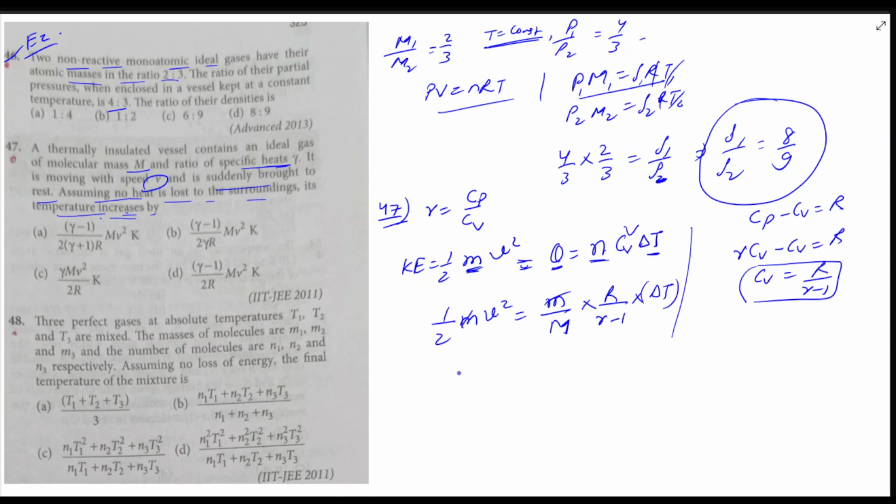So simply we get delta T equals M v square (gamma minus 1) divided by 2R, in Kelvin. So D is the correct option.